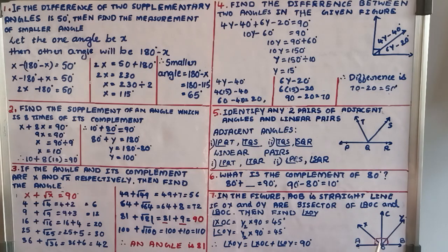In the same way, since OX is the bisector of angle AOC, XOC equals half of 90 degrees, because it bisects the given angle, meaning it divides this angle into two equal parts, so we take half into 90 degrees, that is 45 degrees. Now, to find the angle XOY, we should add both the angles XOC and COY. If you add it, you get 45 plus 45, 90 degrees.